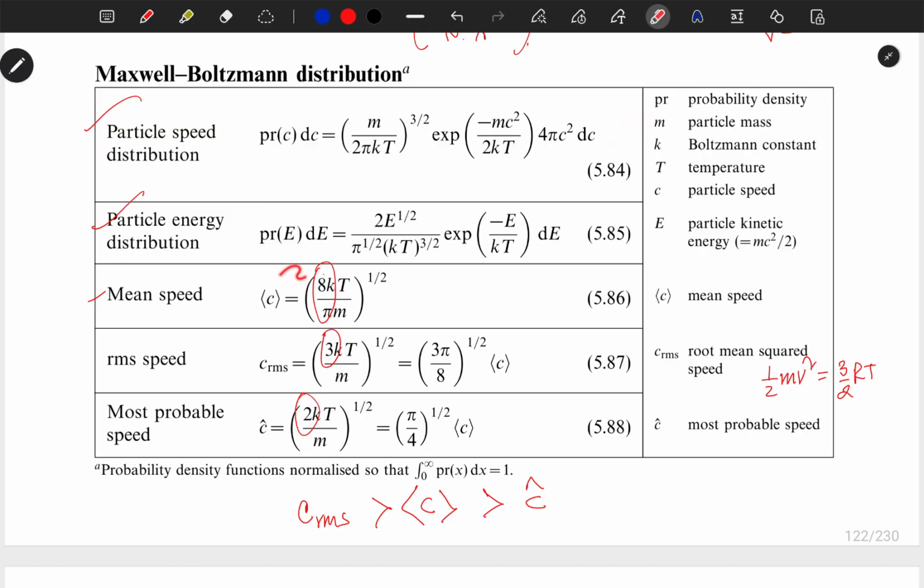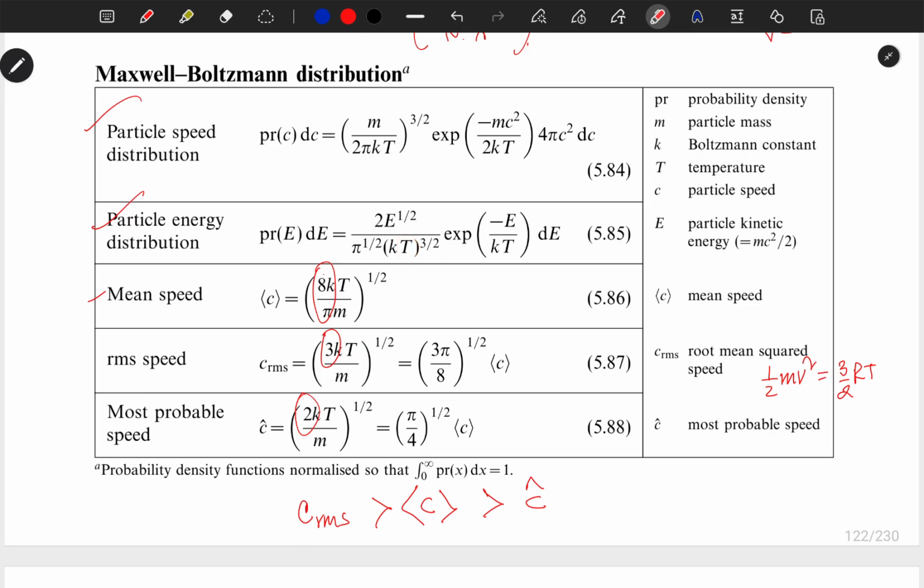Particle energy distribution, P(E) proportional to e to the power minus E by kBT dE, and temperature is T to the power minus 3 by 2.